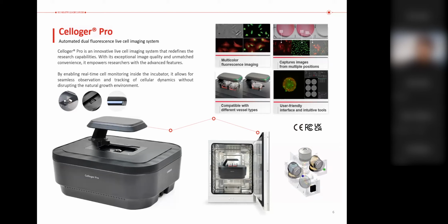So as you can see on the pictures here, you could do your multi-color fluorescent imaging and capture images from multiple positions, which we also have for the Mini Plus. But for the Pro you have two colors, so it's a dual fluorescent live cell imaging device. And all of the other capabilities from the Celloger Mini Plus also apply to the Celloger Pro.